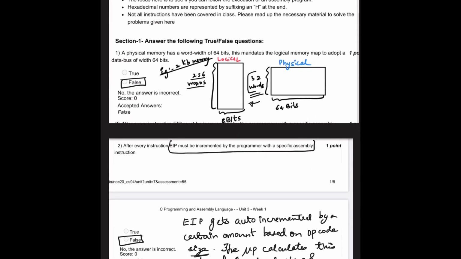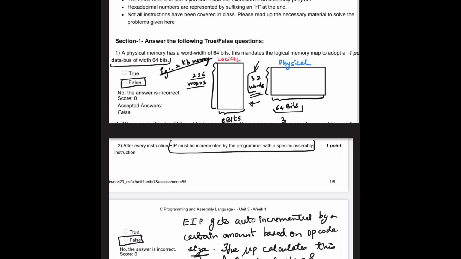So let's start off. A physical memory has a word width of 64 bits. This mandates the logical memory map to adopt a data bus of width 64 bits. So data bus width, let's take for example a 2 KB memory, and let's say that it has a data bus of width 64 bits with 32 words.